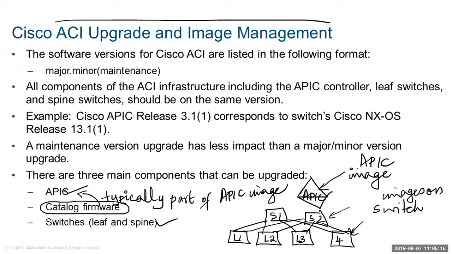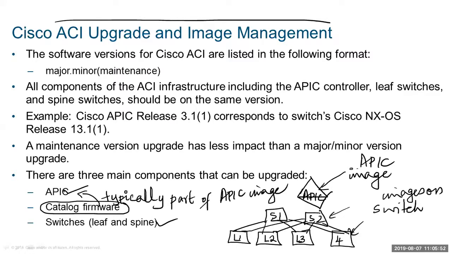Now, should they all be the same version? Yes. Ideally, all APICs should be running the same version. All leaf and spine switches should run the same version in a production environment. The only time Cisco tolerates you having disparate versions is during upgrades. But that shouldn't be a solution which stays for 4 or 5 months.